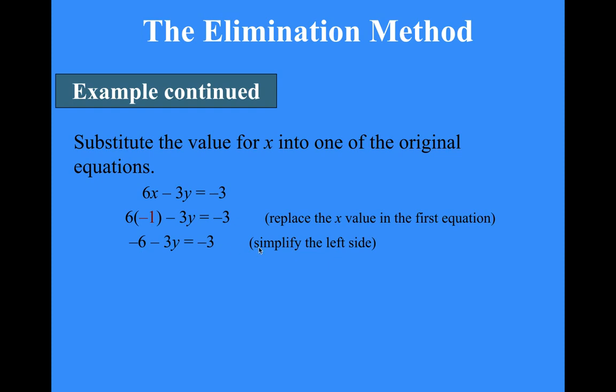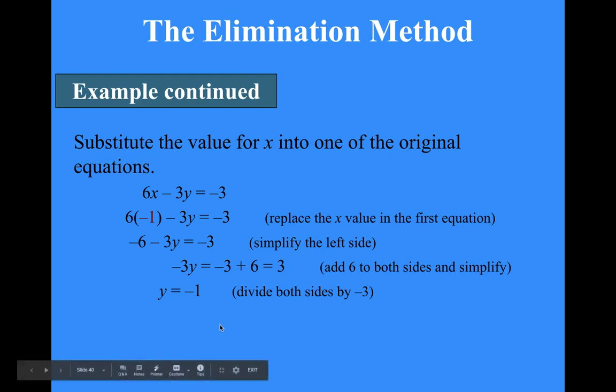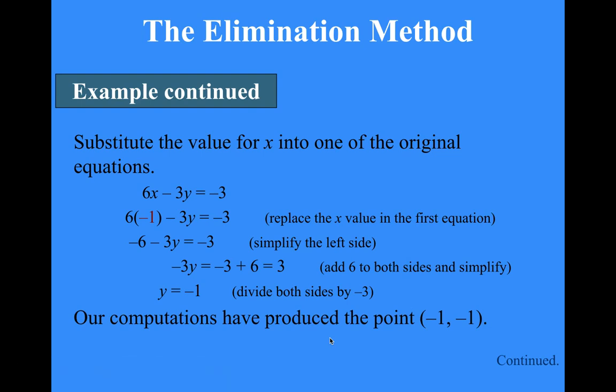Now I'm going to add 6 to both sides, which gives me negative 3y equals 3. So y equals negative 1 when I divide by negative 3. So I get y equals negative 1. So my point should be negative 1, negative 1.